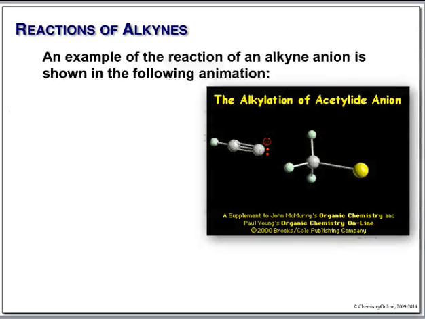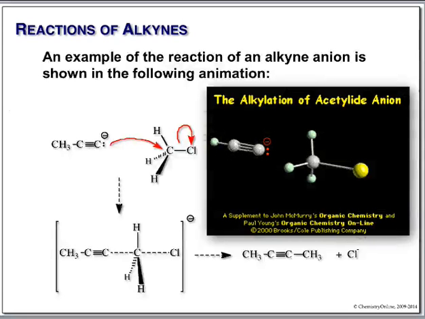There's, of course, a movie for this. The reaction we're going to have in the movie, we're taking the anion from propyne. It will attack chloromethane. Again, our nucleophile, the electrophile, lose the chloride. Remember, we saw in chapter 6 maybe this really neat animation of a reaction like this.